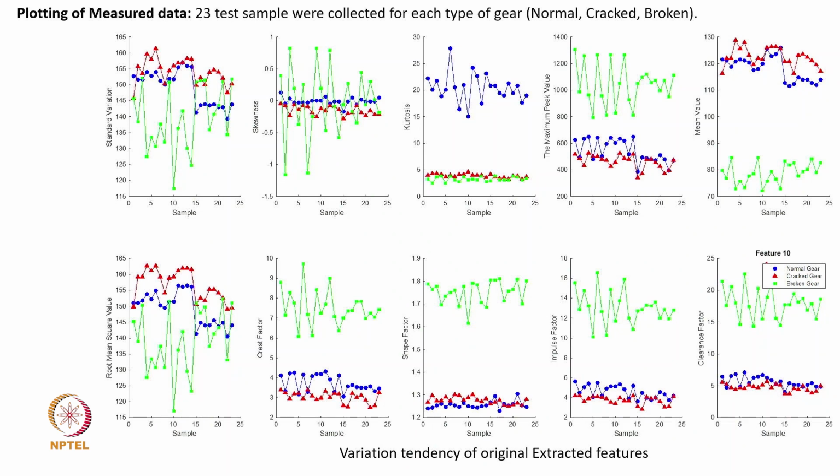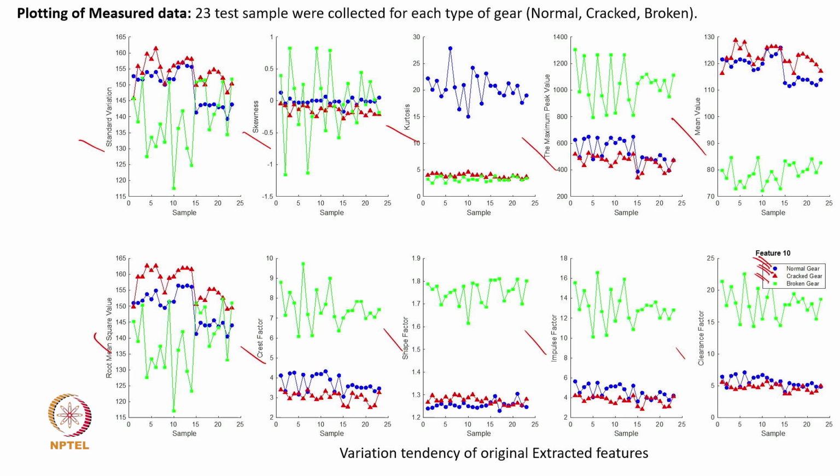Now here you can see the blue colored dots are the normal gear, red colored triangles are the cracked one, and green colored squares are the broken gear. You can see standard deviation, skewness, kurtosis, peak value, mean value, RMS value, crest factor, shape factor, impulse factor, and clearance factor.